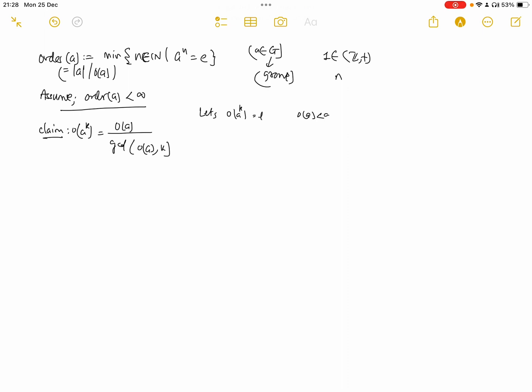We already have that the order of A is finite, right? And so the order of A power k has to be finite also, because then you may take the cyclic group H generated by that element.